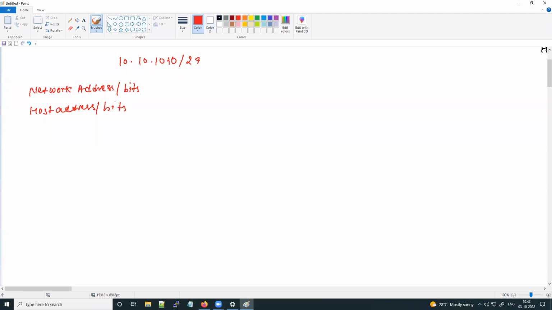So out of this IP address 10.10.10.10/24, the network address is 10.10.10.0/24, and the host address is 10.10.10.10/24. Why is it like that, how to identify the network address, how to calculate the host address, that we'll see later.